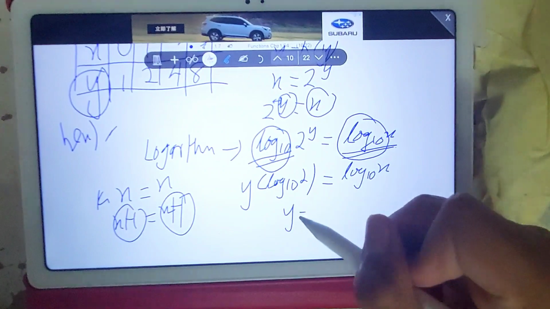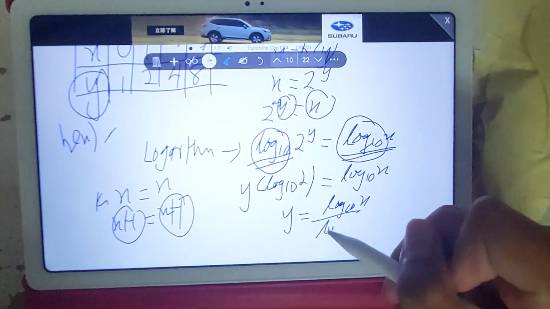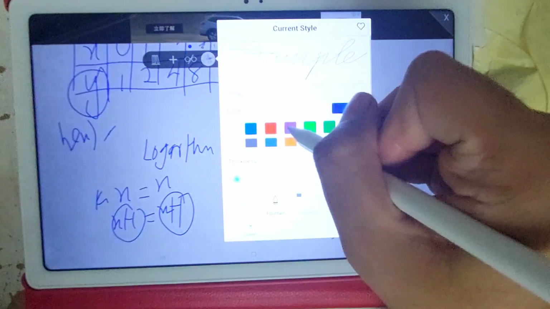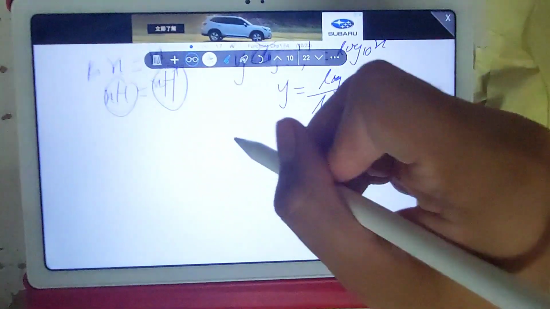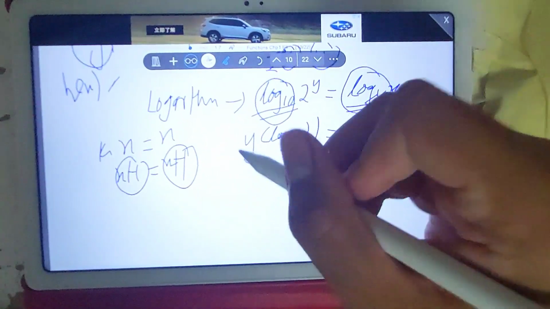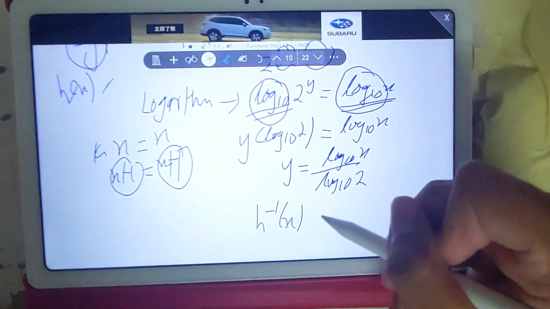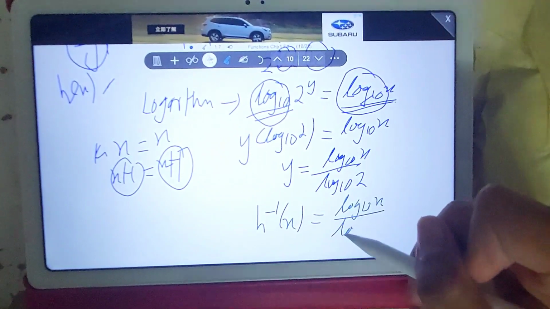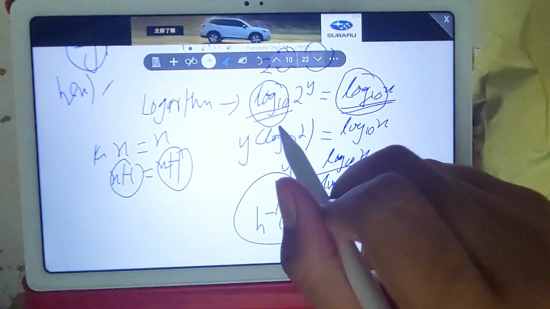So from here you will get y is log 10 x over log 10 2. And from here, what can you conclude? You can therefore say that h inverse x will also be log 10 x over log 10 2. So you already found your inverse function over here already.